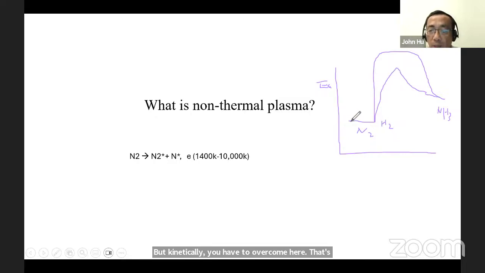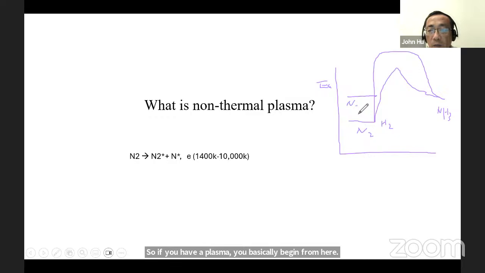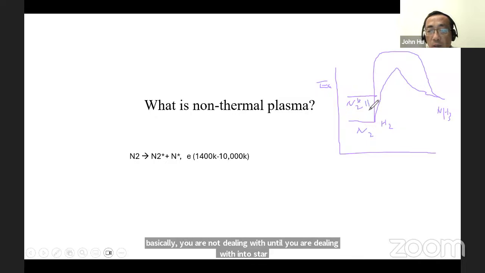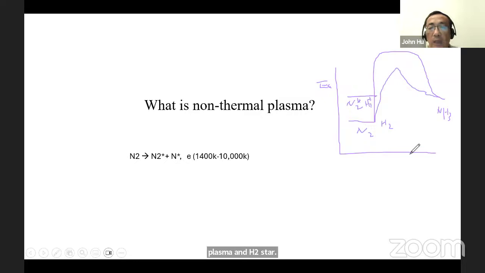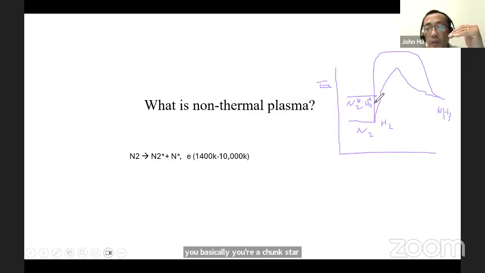But with plasma, you basically begin from here. You are not dealing with N2, you are dealing with N2 star plasma and H2 star. Now you see, because you have pre-activated molecules, you basically get a jump start. That's why your energy barrier is low.